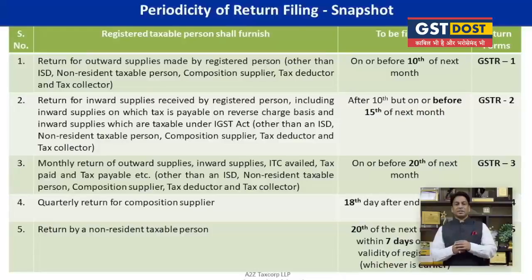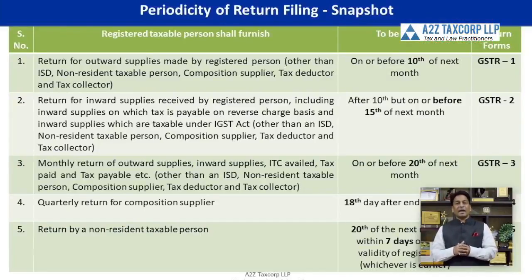Friends, today we are going to learn how to file GST returns, by what categories of taxable person in the GST regime. If you are registered as a normal taxable person, a regular taxable person, then there are three returns to be filed on a monthly basis.